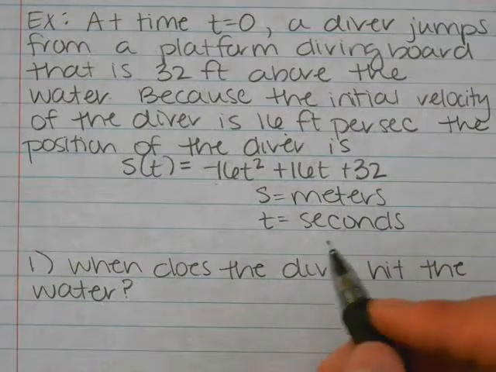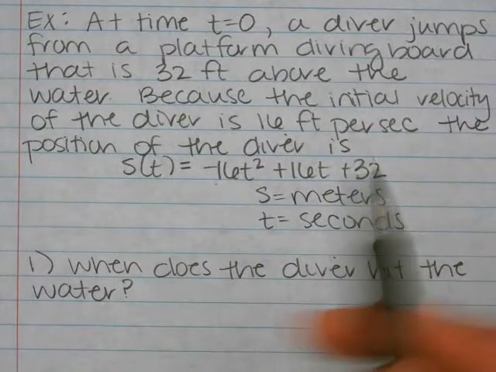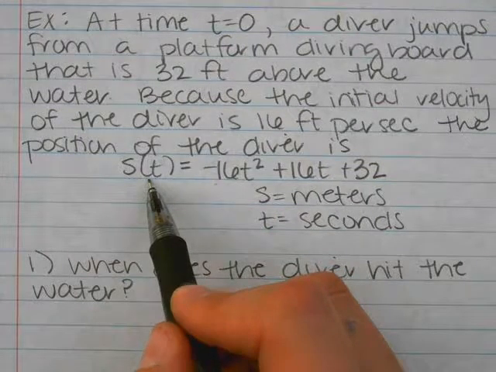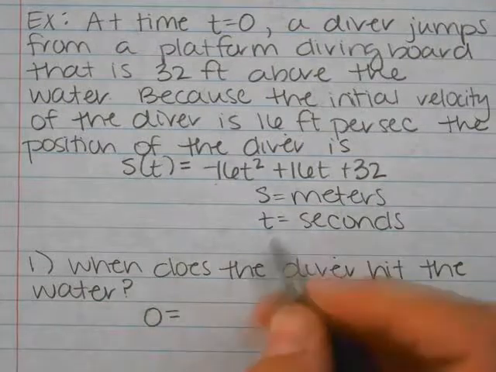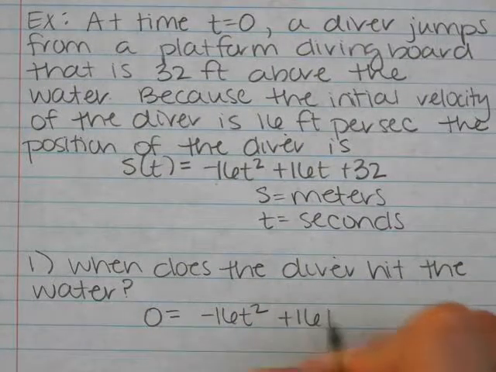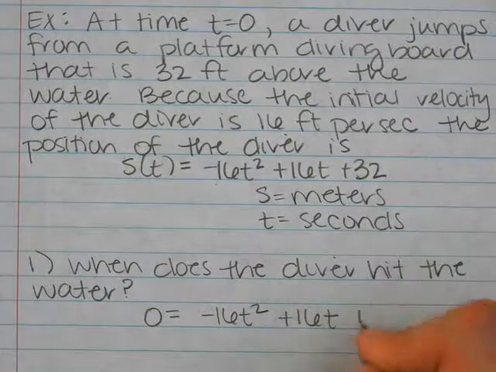All right, so when does the diver hit the water? That means we're solving for t. And what does that mean about S of t? How far away is he from the water if he hits the water? 0. So we're going to say 0 is negative 16t squared plus 16t plus 32.